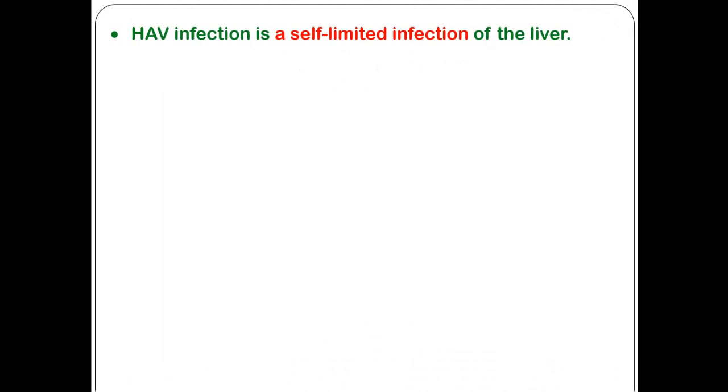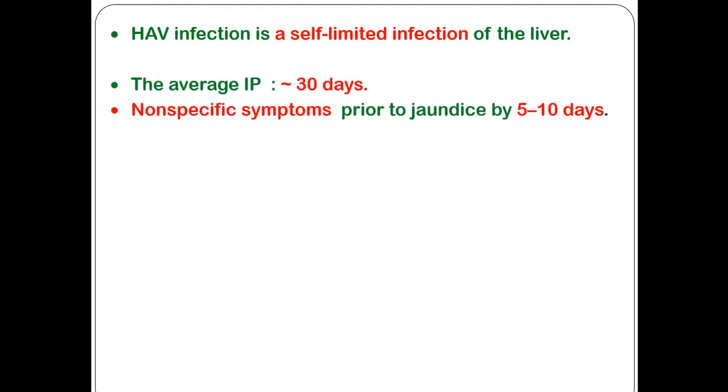The nature of the disease is a self-limited infection of the liver, and the average incubation period is about 30 days, and it is about 15 to 40 to 50 days. The non-specific symptoms prior to jaundice appear by 5 to 10 days.